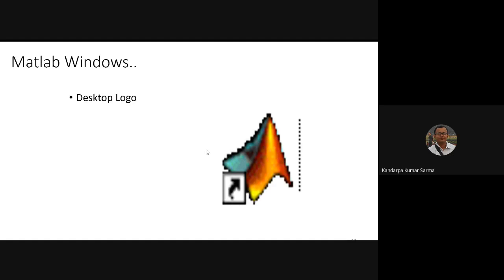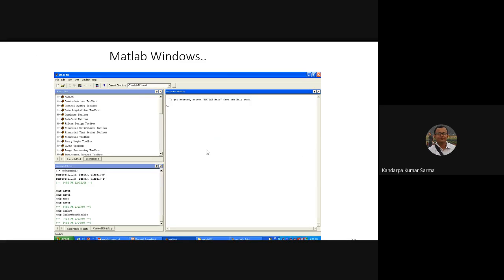Here is the desktop logo, and that is when you start the MATLAB, it will look like this. You will see a screen coming that looks like this. You will have the toolboxes, the command history, then you have the current directory, you have the command prompt here. So from the command prompt too, we can start doing work with the MATLAB.